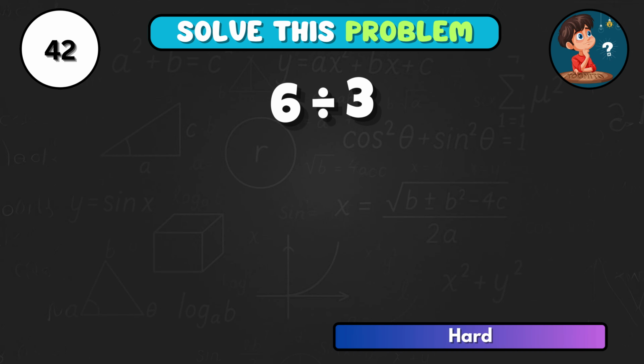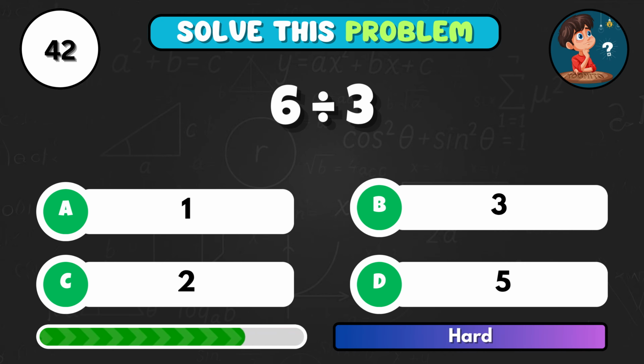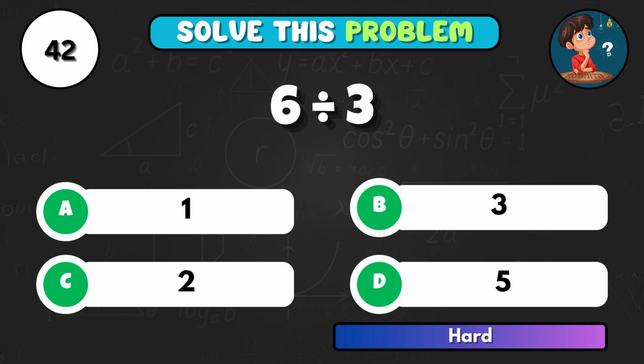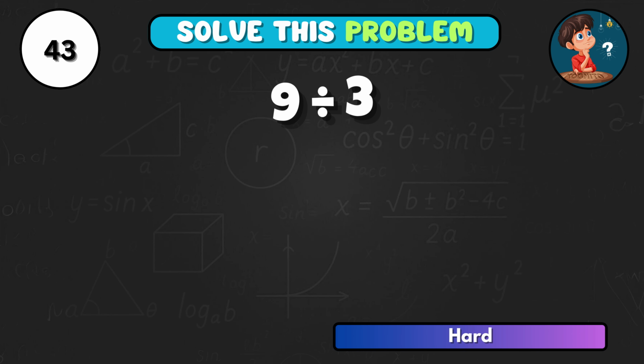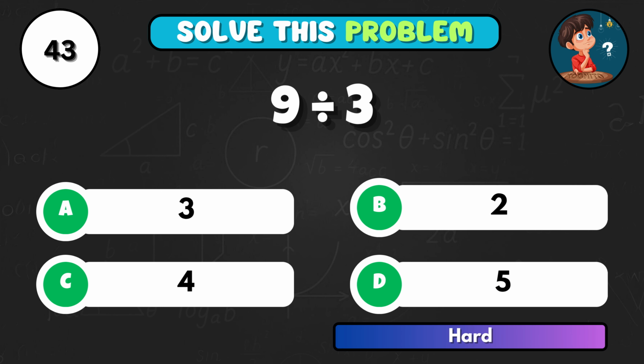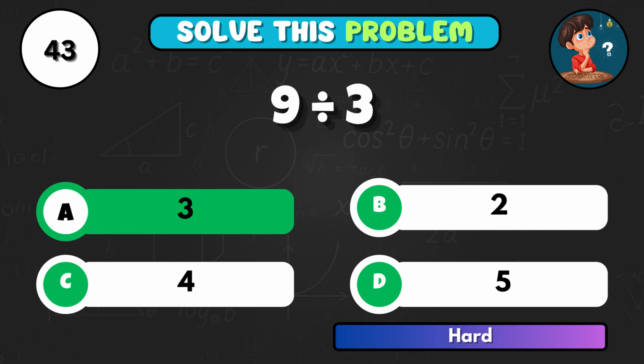Now let's try 6 divided by 3. The correct answer is C, 2. 9 divided by 3 equals what? That comes out as A, 3.